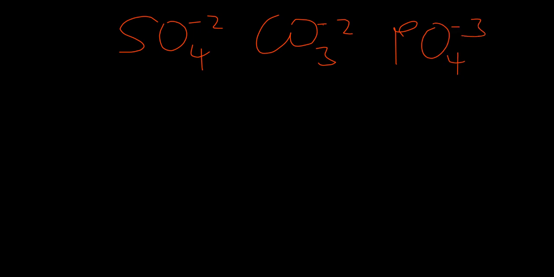So these are all oxo-anions. Now, when you take the first oxo-anion and you are asked to tell the number of oxygen atoms in this anion, you realize that the number of oxygen atoms here is 4. The second oxo-anion has 3 oxygen atoms. The third one has 4 oxygen atoms.